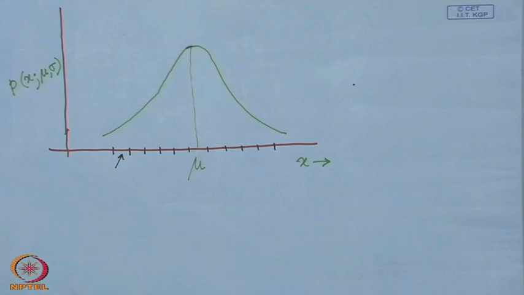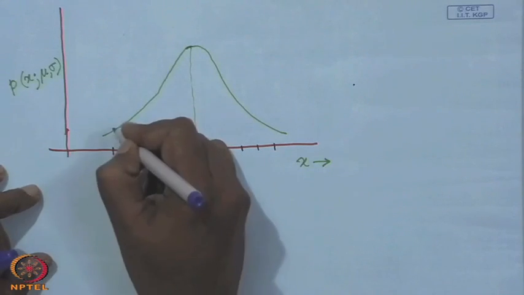So, the way I can represent this continuous curve by a piecewise constant representation is something like this.